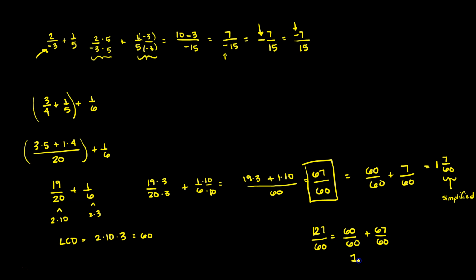Notice that I would have 1 and 67 over 60, and that remaining fraction is not proper, so I would need to continue to break that down. And maybe we notice that here when I split off 60 over 60, I still had 67 over 60, which means I have enough to do another whole plus the 7 that are left over. So 60 plus 7, that makes up the 127. So this one would end up being 2 and 7 over 60.